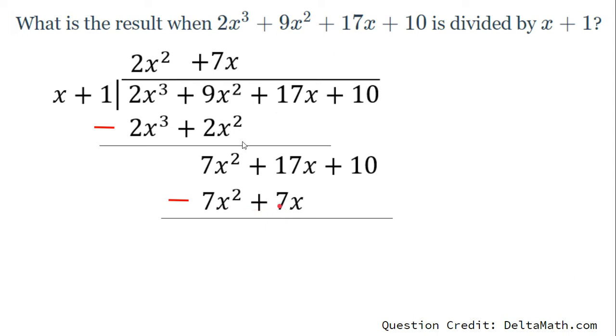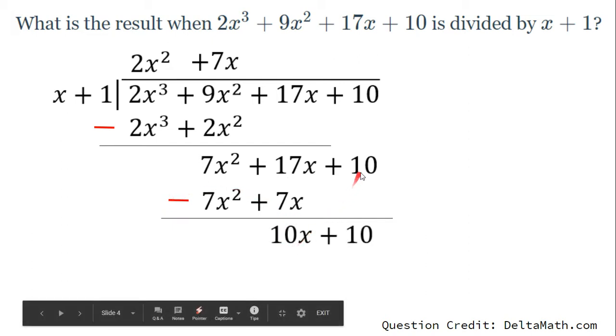That goes here. So 7x times x is 7x squared, 7x times 1 is 7x, and we're going to subtract, again, just like the traditional division algorithm. These will cancel. That was the point. And again, remember, you're subtracting. So 17x minus 7x gets us a 10x, and I will bring the 10 down.